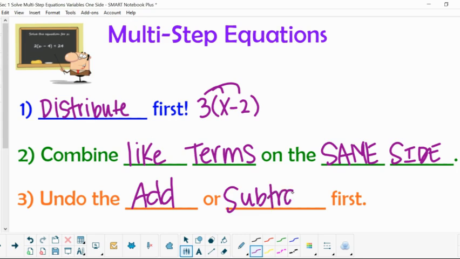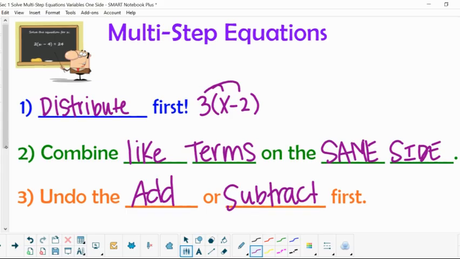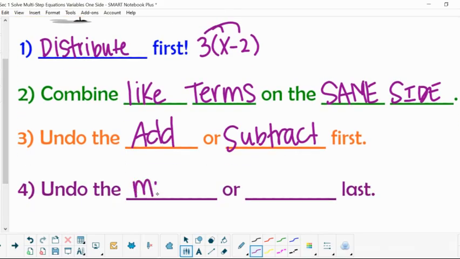We're going backwards. So we start at the bottom of our order of operations because we're undoing now. We undo the add or subtract first, and then undo any multiply or divide last. So the only difference today is if we have to distribute, we got to do that. Or combine some like terms, we got to do that. And then we can start undoing the add or subtract first.